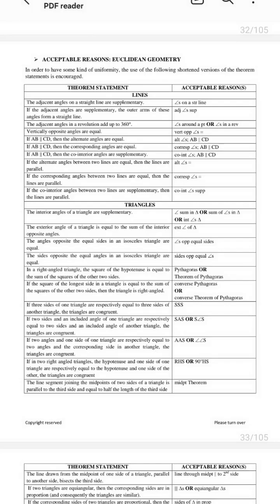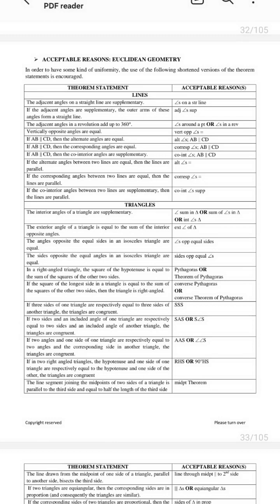The third statement says the adjacent angles in a revolution. Now we know what revolution angles are, but they are saying the adjacent angles. So we are talking about angles that are next to each other.